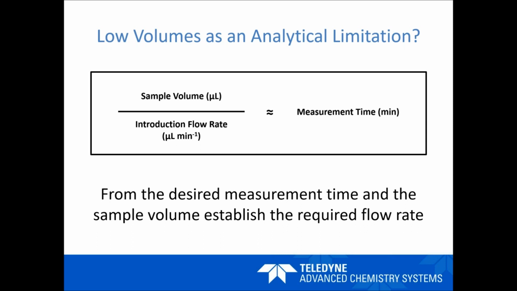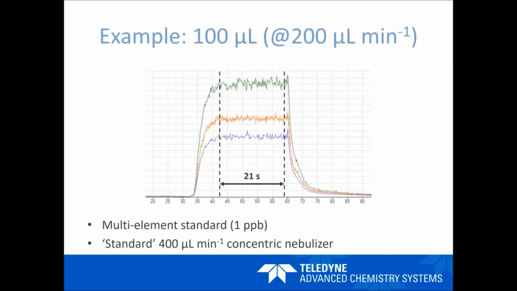We know that. If we know how much measurement time we want to get out of this, what our analyte suite is, etc., we know that as well. So the only question left is what introduction flow rate do we need to be able to allow us to get the measurement time that we want. So it's working backwards.